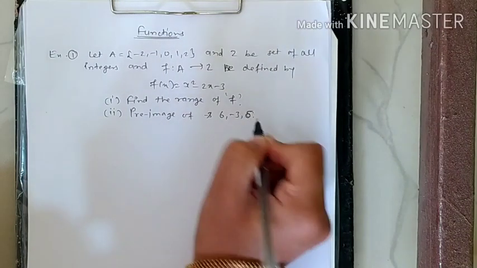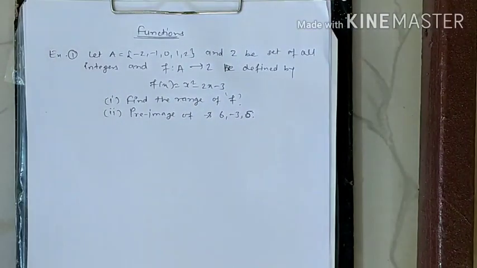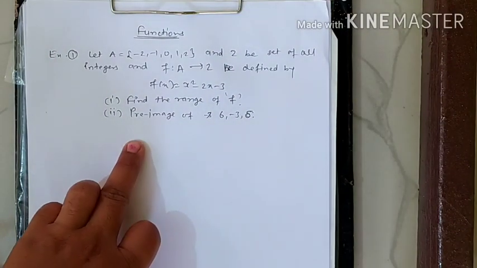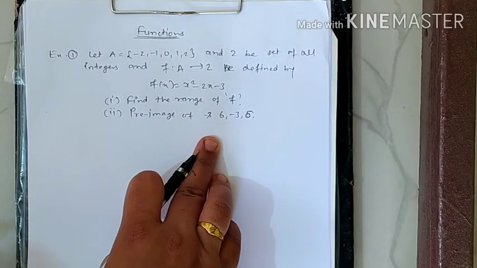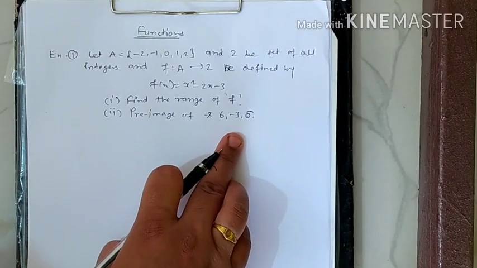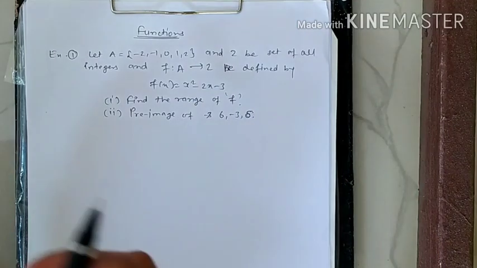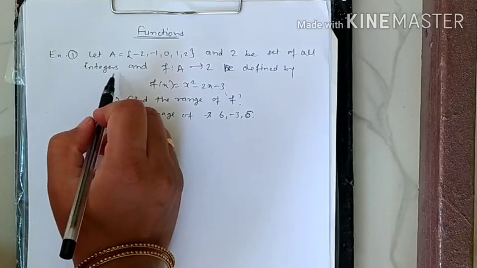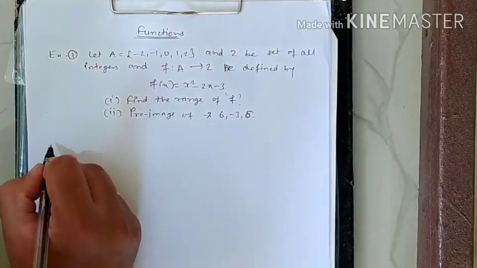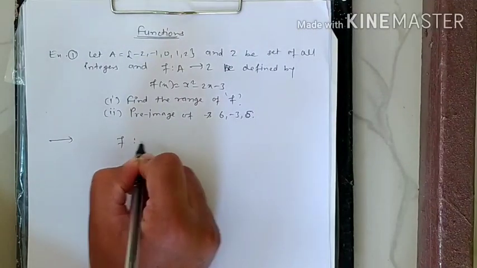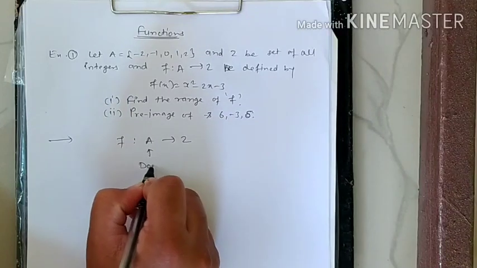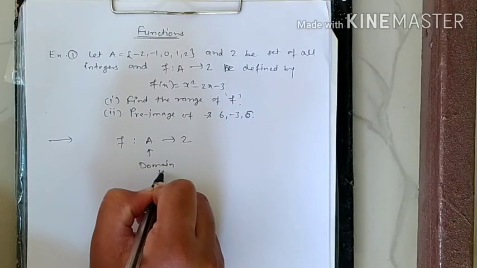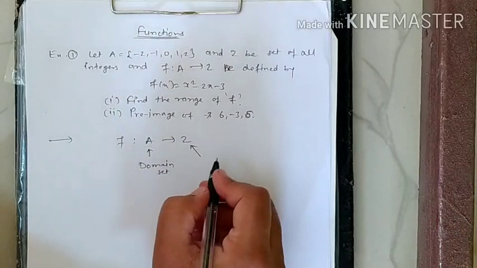So we have to find the range of f, and then we have to find the pre-image of 6, -3 and 5. Getting? Now students, the elements from the set A, where set A is the domain set. For f from A to Z, this set A is the domain and Z is what?